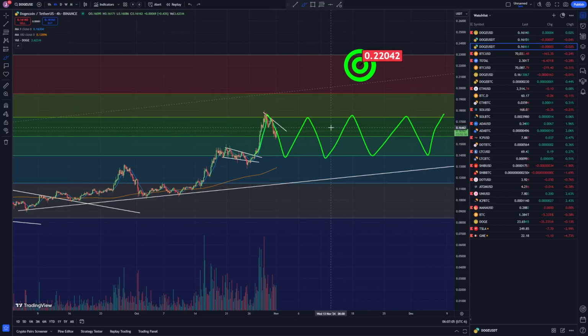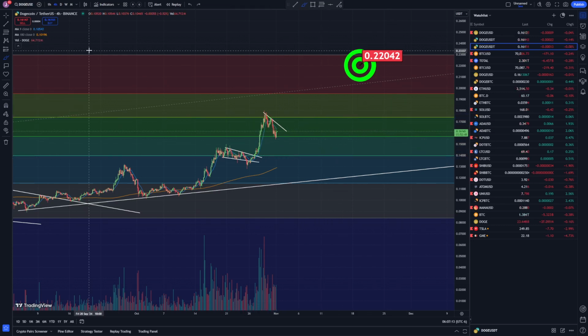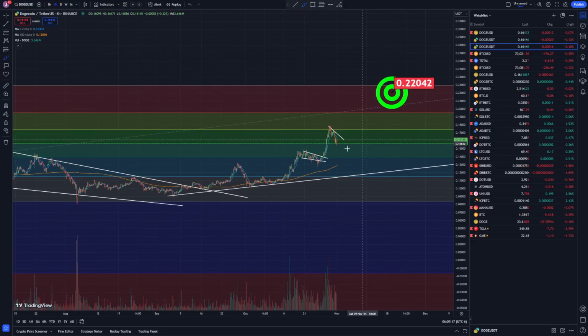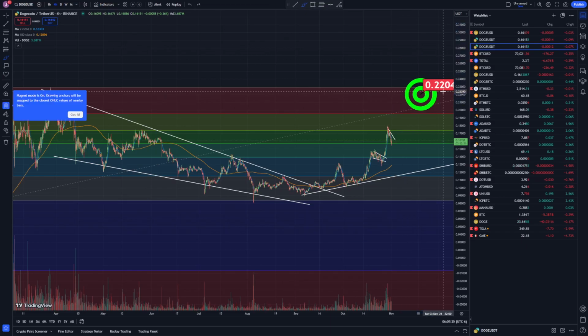You could be very conservative like that: buy, sell, get out real quick, and then it comes back down, buy, sell. That's an ideal situation too. I have a pretty good amount of Dogecoin, so I would definitely not be mad if it came up to .22 and even beyond that.